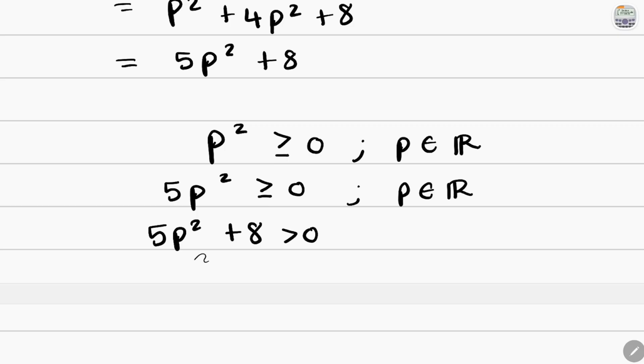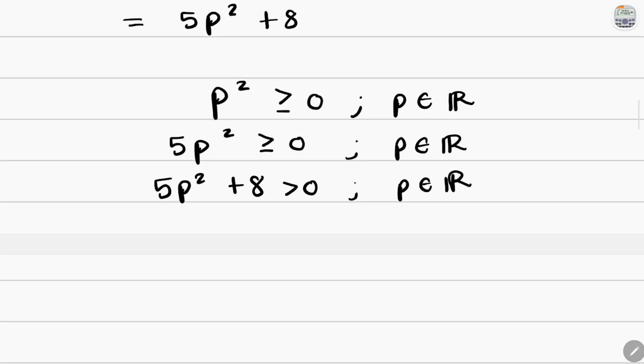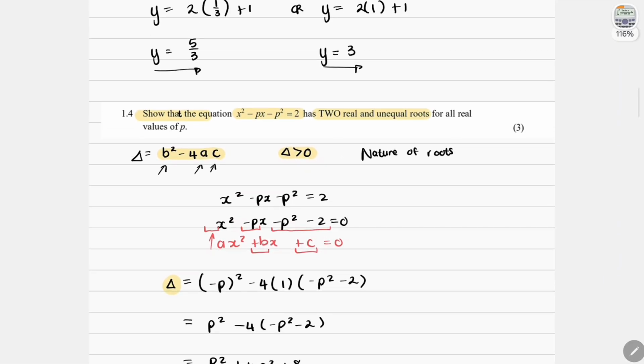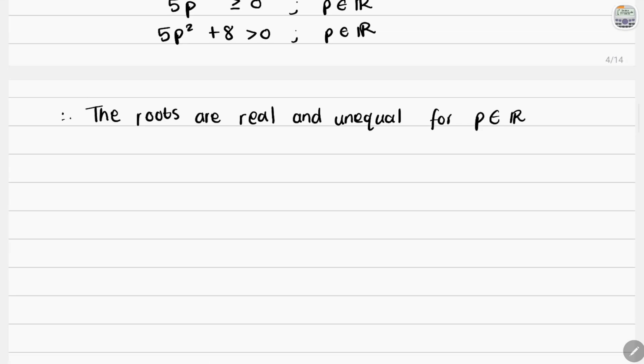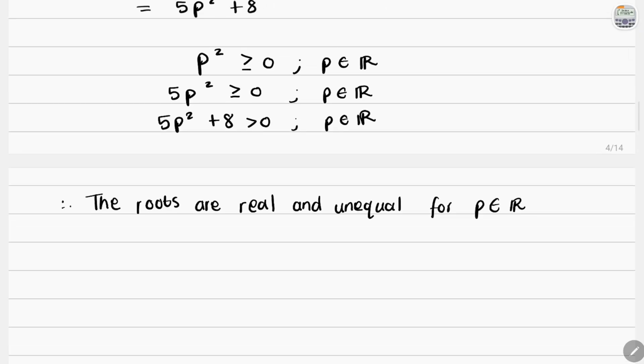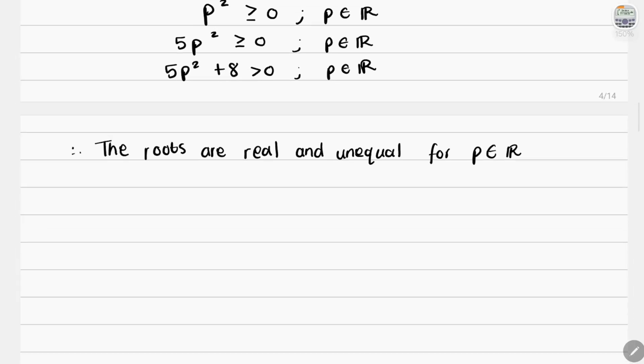So it can only ever be greater than 0 for all real values of p. And that is how you prove that this is always positive. And so you can finally conclude, therefore, that the equation has 2 real and unequal roots for all real values of p. Or the roots are real and unequal for all real values of p. And that is our answer.